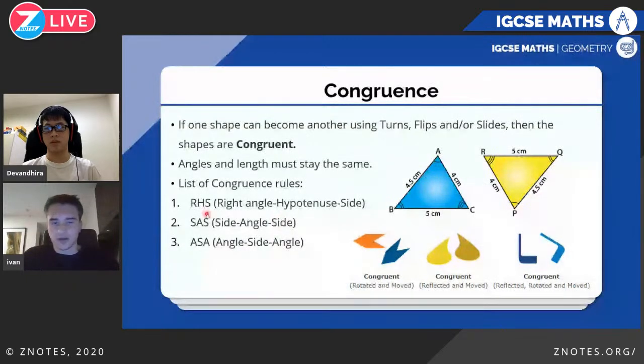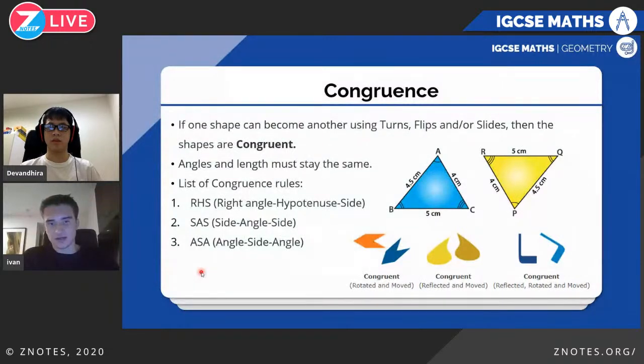The right angle hypotenuse side rule, which is related to Pythag in this case. Because if it's a right angle already, then all you need is to show that the sides are the same, as that's what we need for congruency, and so you would use the hypotenuse and a side, and then Pythag gives you the other side. But really it's just a reflection of rule 2 here. So it's a special case.